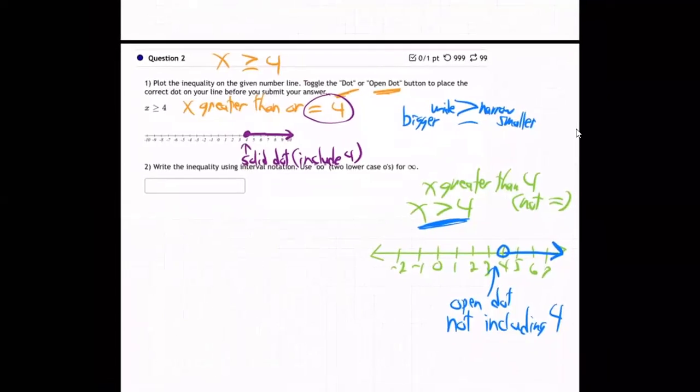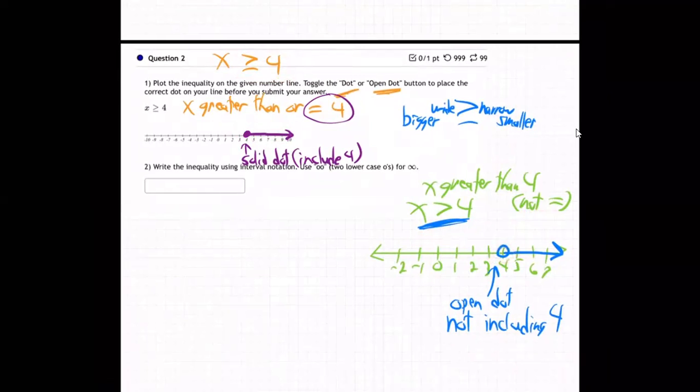So you see that difference? If you have equals, you need to have a solid dot because you're straight on that number or bigger. Whereas if you don't have equals, you're only greater than 4, then that doesn't include 4 itself. It's not equal to 4, so you've got to put an open dot because 4 is missing.